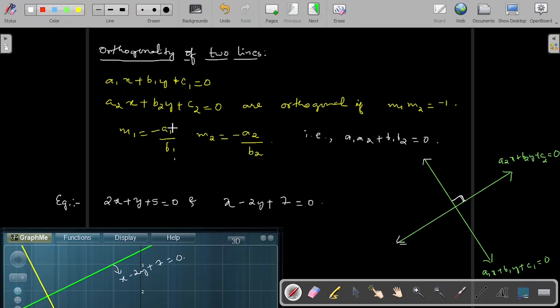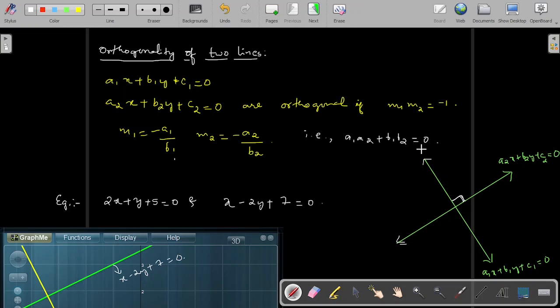So that is minus a1 by b1. m2 is minus a2 by b2. If you substitute that condition here, you will get a1 a2 plus b1 b2 equal to 0.